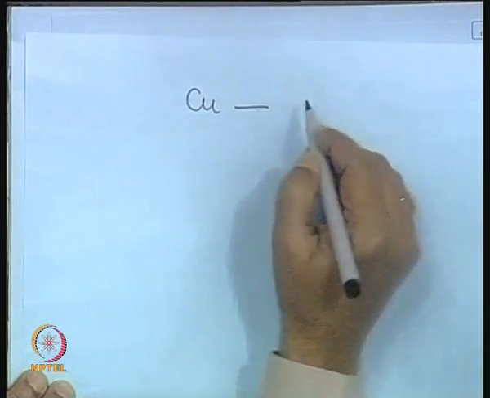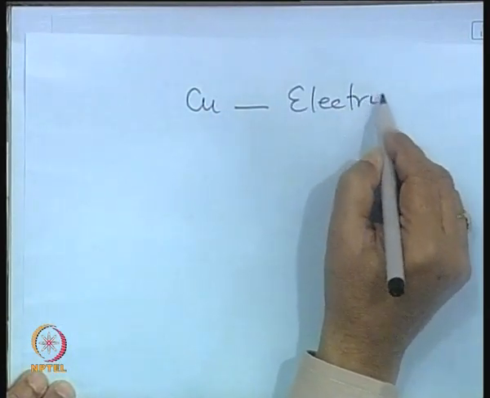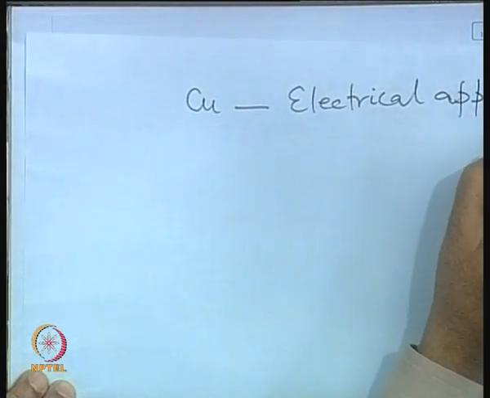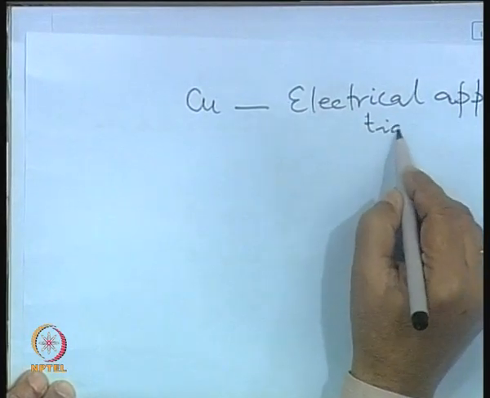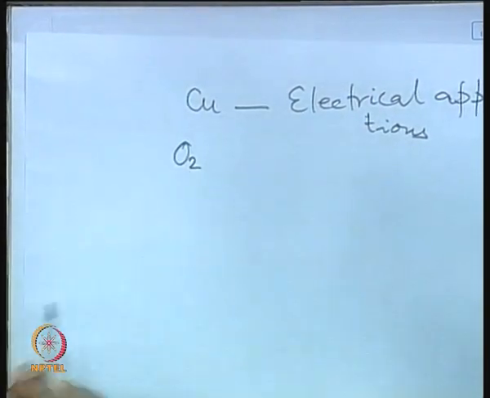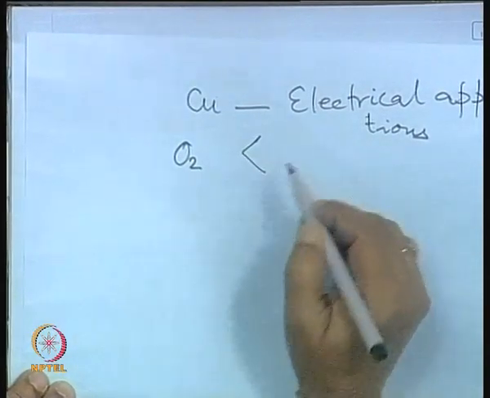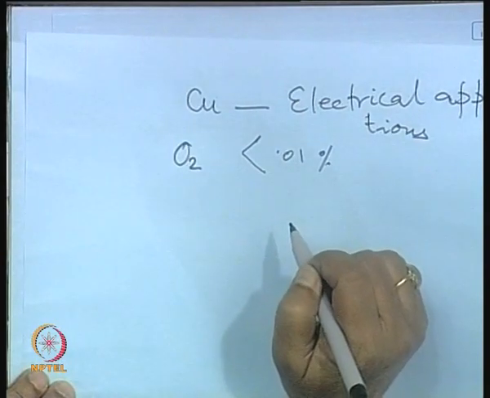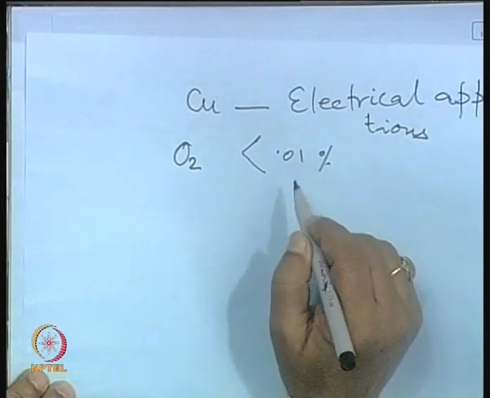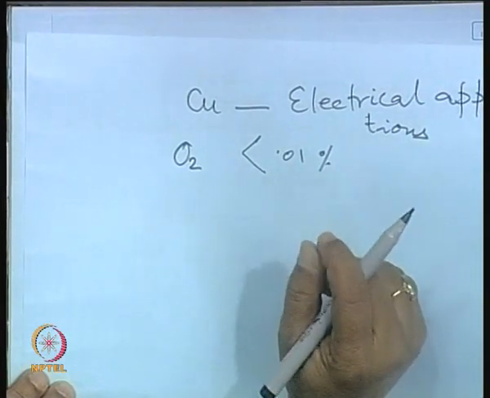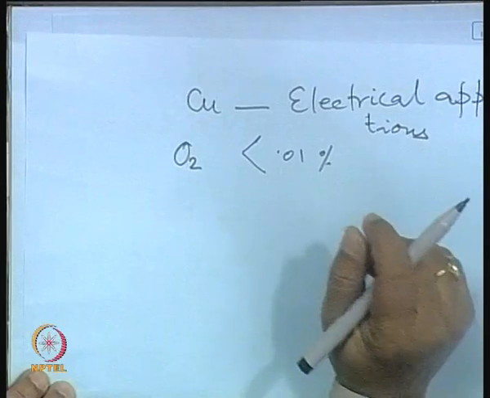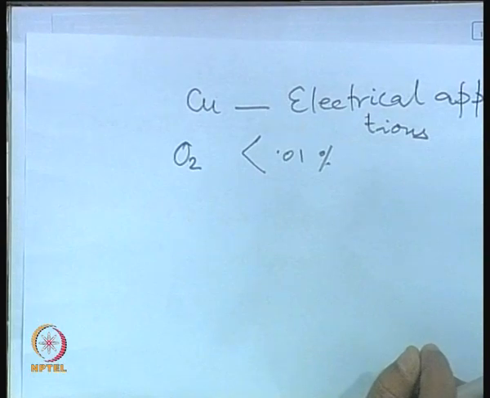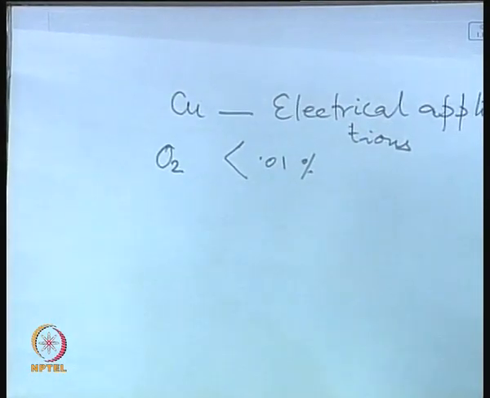So, if you use copper for electrical applications, there oxygen is a very serious impurity. It has to be less than 0.01% sometimes. Why? Because if you allow oxygen to be there, then the electrical conductivity is very badly affected. Some oxides will precipitate at the grain boundaries. So, oxygen is a serious impurity.